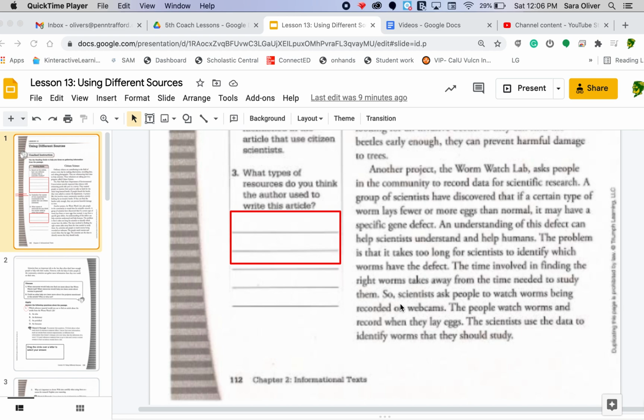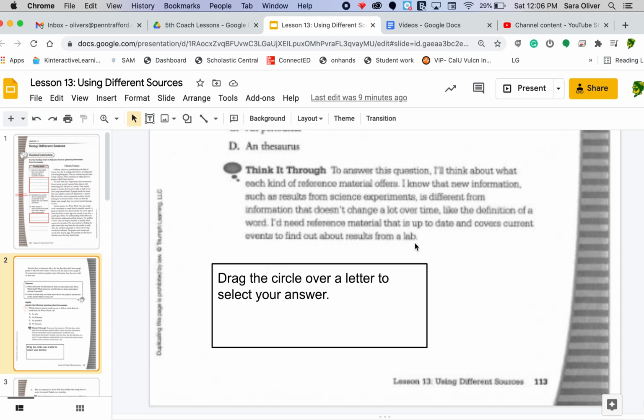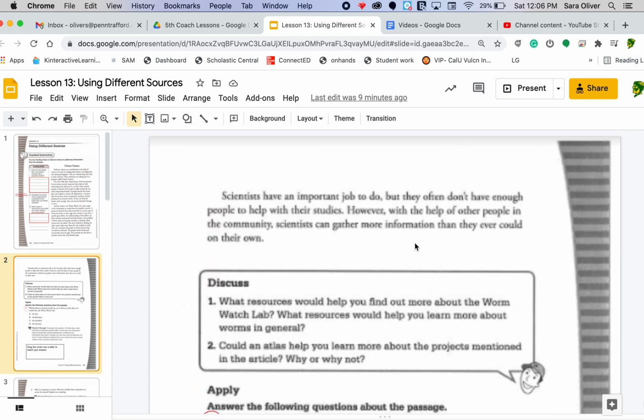So, scientists ask people to watch worms being recorded on webcams. The people watch the worms and record when they lay the eggs. The scientists use the data to identify worms that they should study. Scientists have an important job to do, but they often don't have enough people to help with their studies. However, with the help of other people in the community, scientists can gather more information than they ever could on their own.